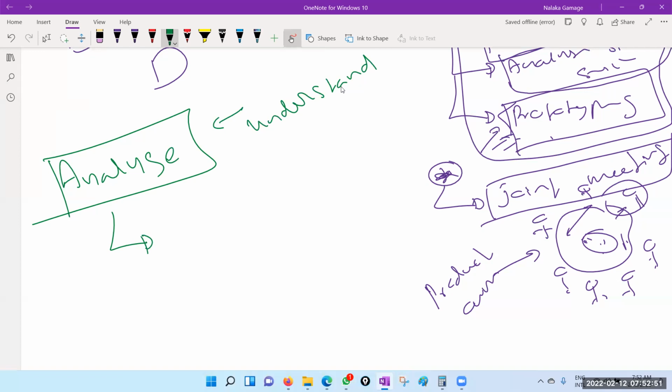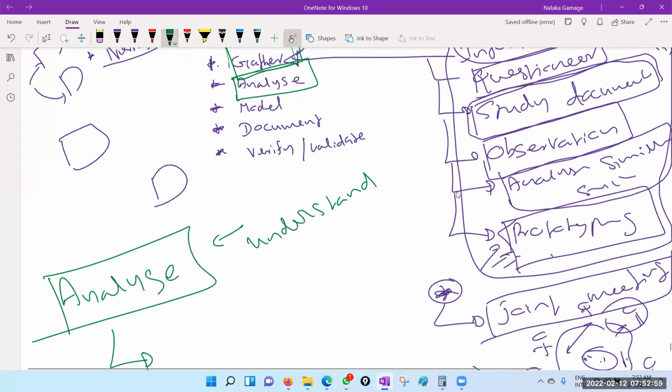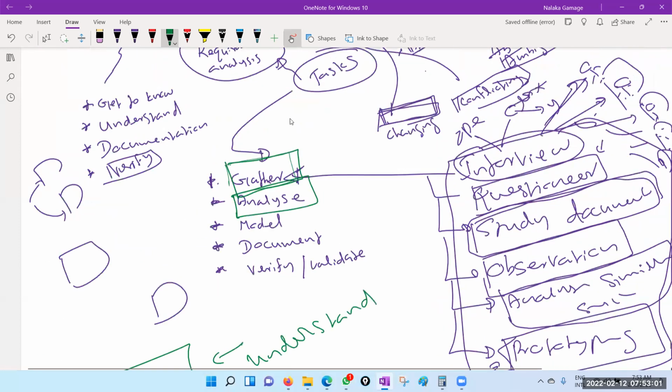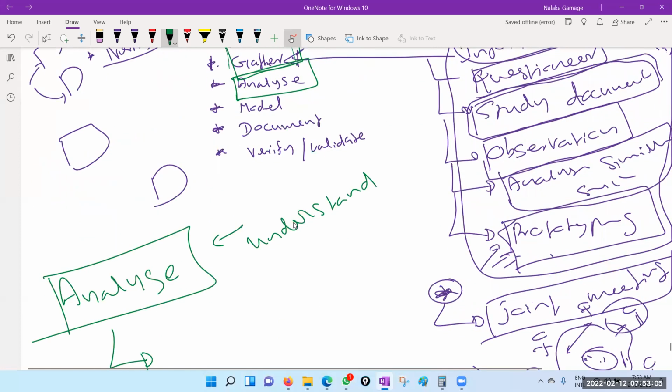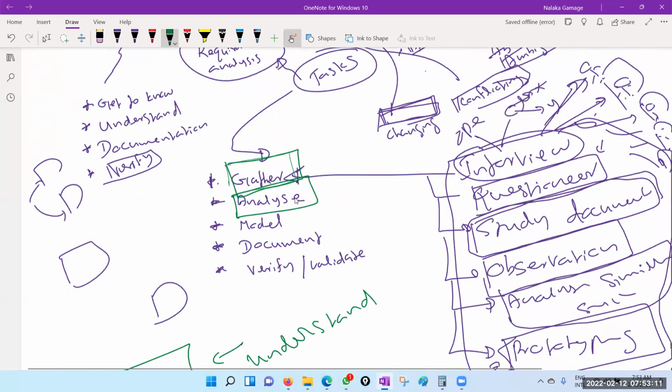So these tasks are not sequential. While we are in a joint requirement meeting, we are doing analysis in our mind, doing certain modeling and documenting, and sometimes we can verify and validate also at that time. So don't think these are sequential things. They can happen simultaneously.